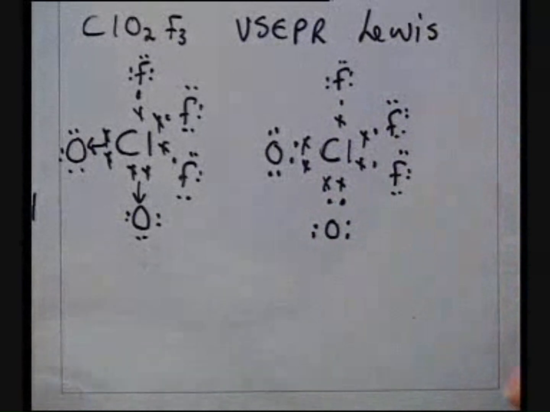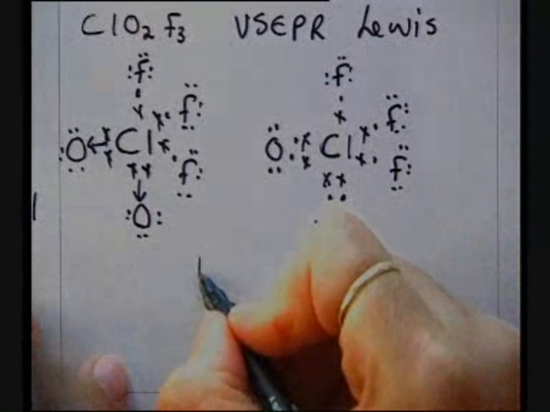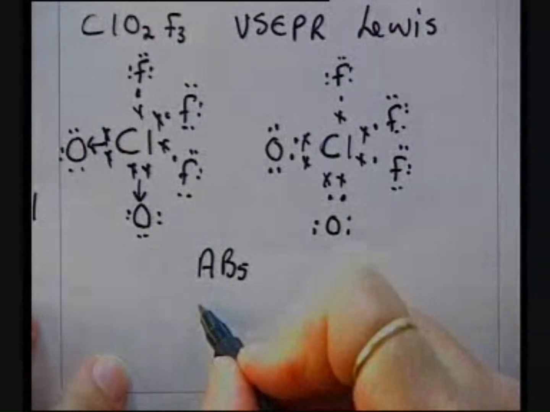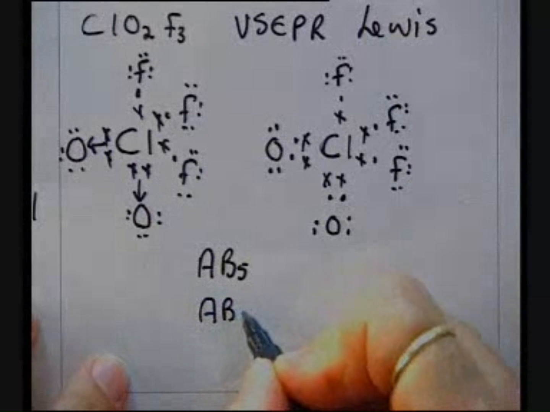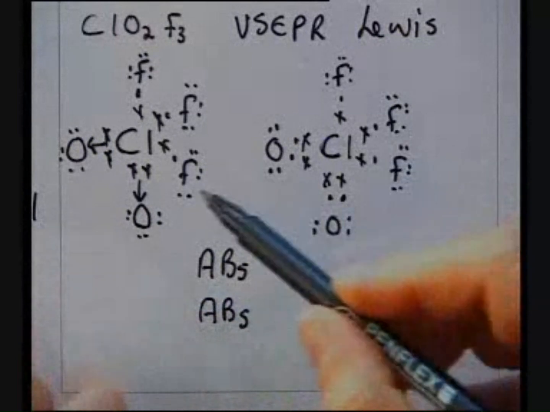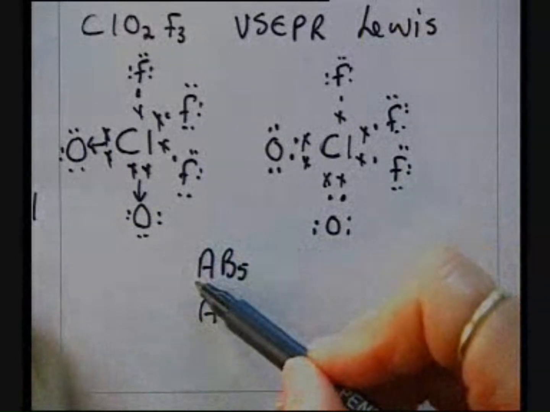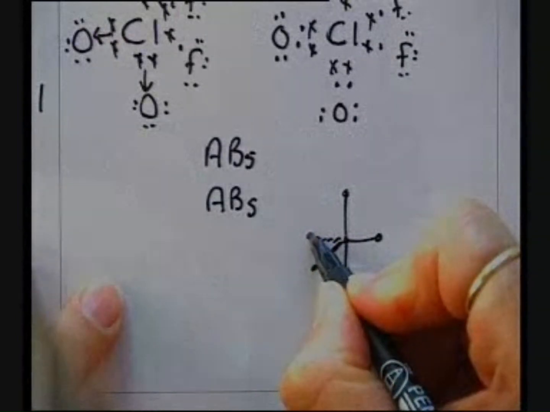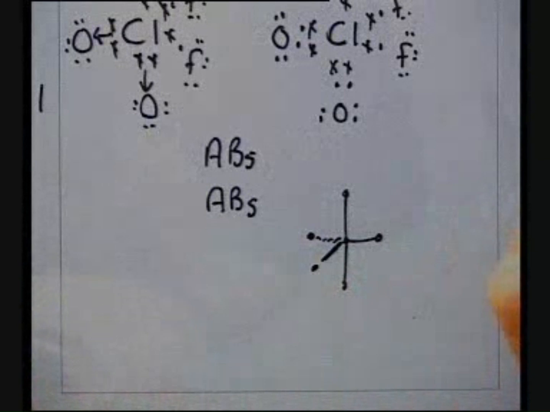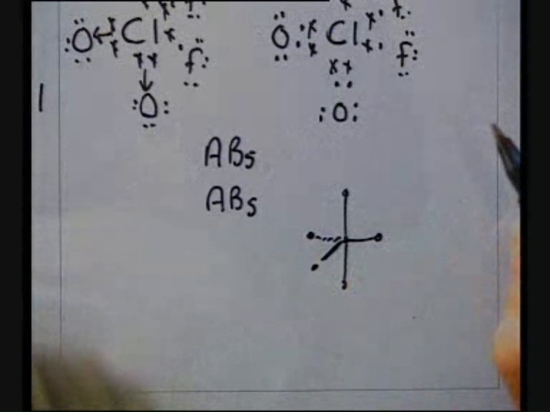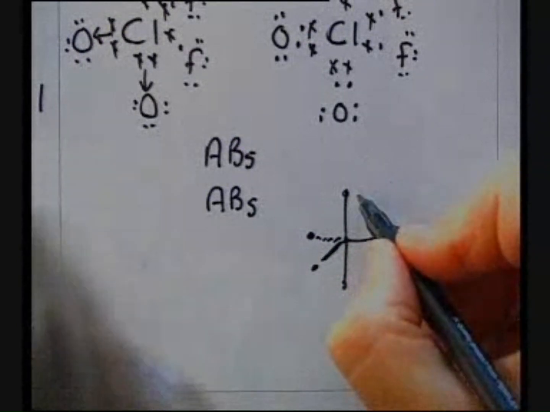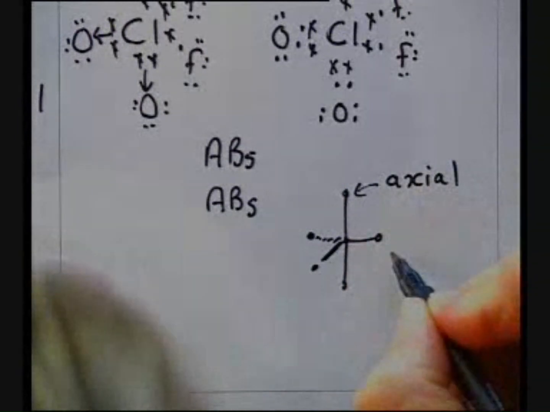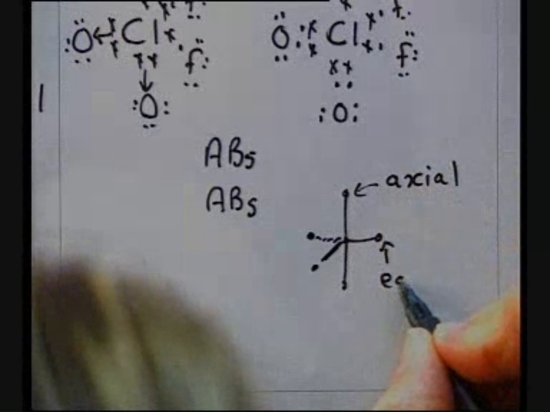For the molecular geometry, we have a central atom A bonded to 5 terminal atoms. This will be the same as the electron pair geometry AB5 because we don't have any lone pairs around the central atom. The electron pair geometry AB5 will predict a trigonal bipyramidal molecular geometry. We have an axial and an equatorial position.